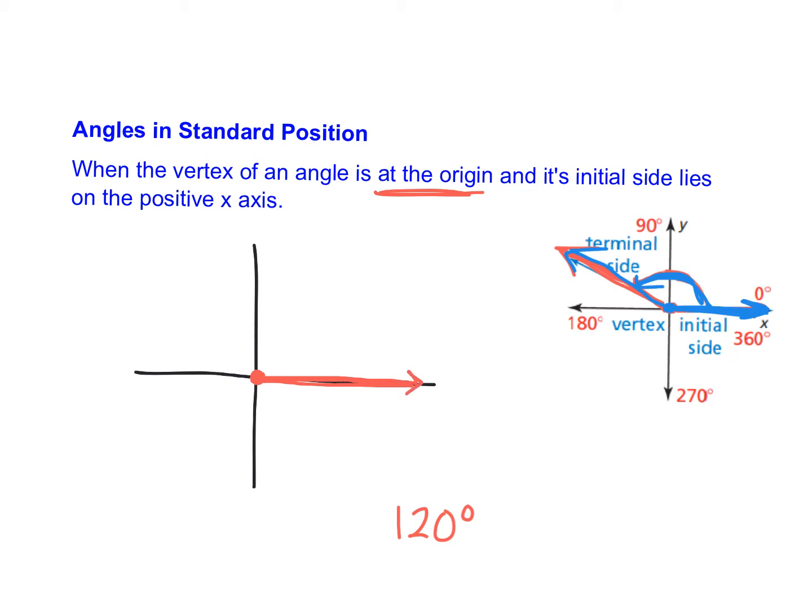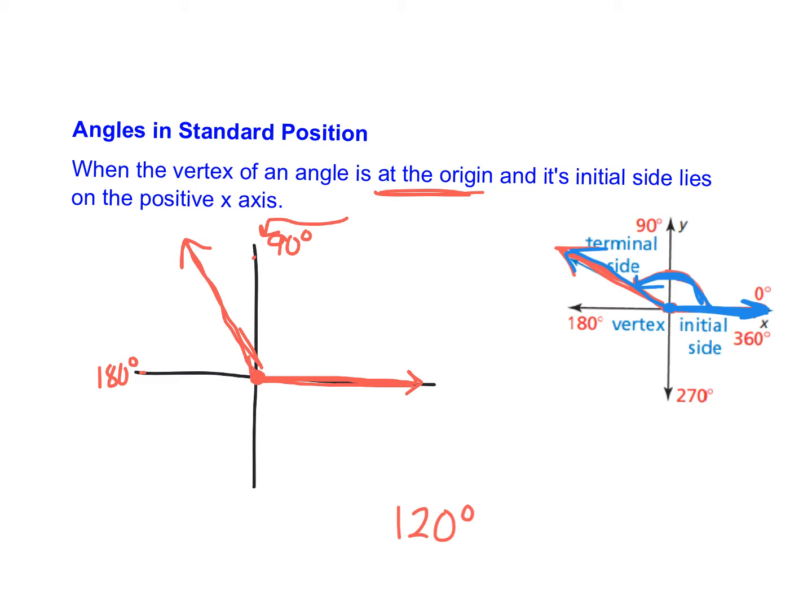When we get to this point right here, we are at 90 degrees, and we need to go 30 degrees past 90. So we're going to be somewhere between this line, which is 90 degrees, and this line, which is 180 degrees. We'll draw it about right there. That's going to be our terminal side of our angle.